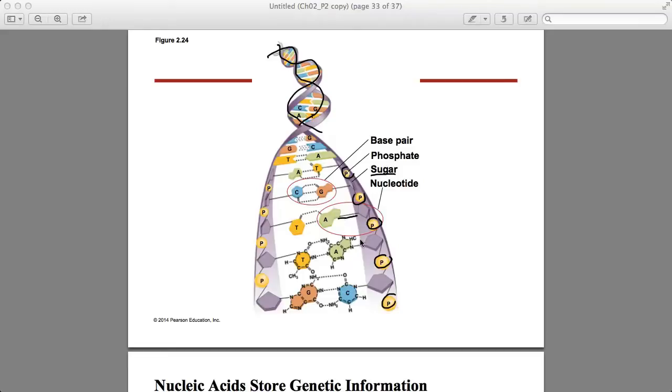And here's the defining part of the different nucleotides. And as you can see, the A here is always paired with the T, and the C is always paired with the G.